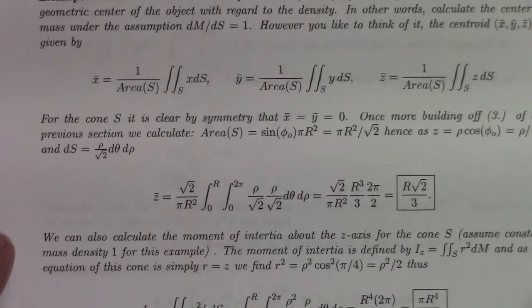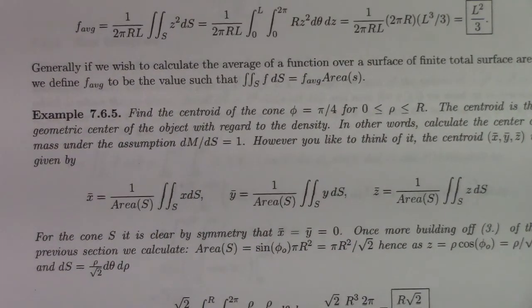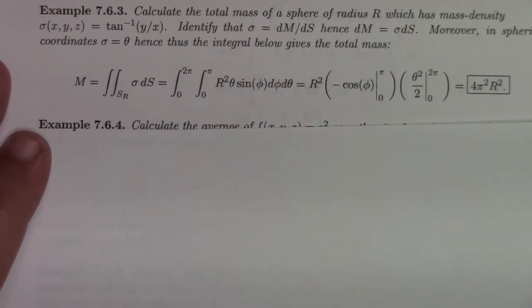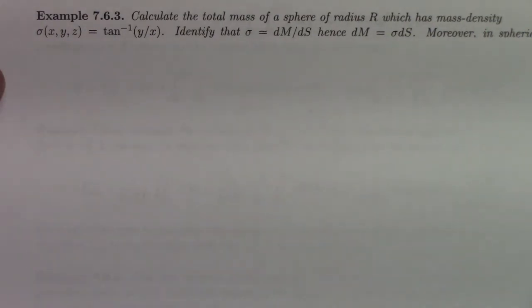Now here are some honest-to-goodness actual examples. To calculate the total mass of a sphere of radius r which has mass density inverse tangent of y over x, well, that's weird.